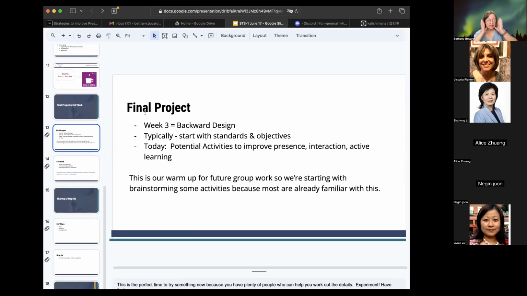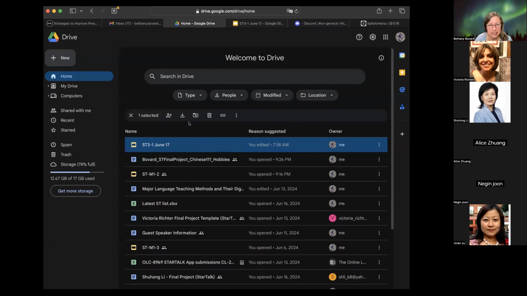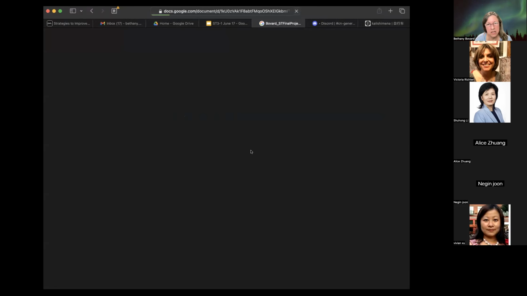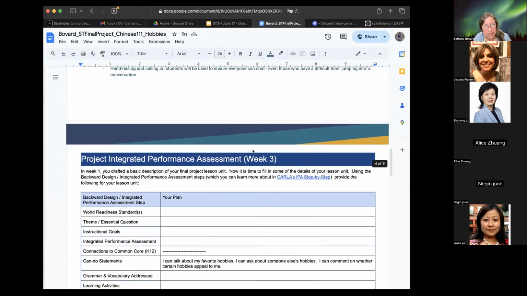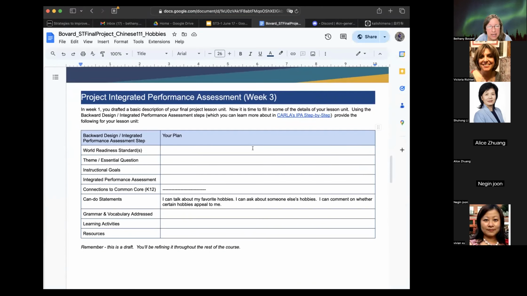This week is about design. You may have noticed in the template that week 3 is backward design, where you start with the world readiness standards, then you think about your theme and essential question, your instructional goals, and so on.